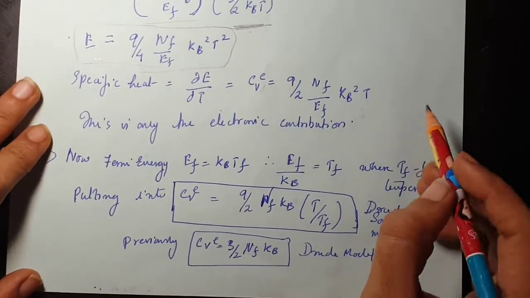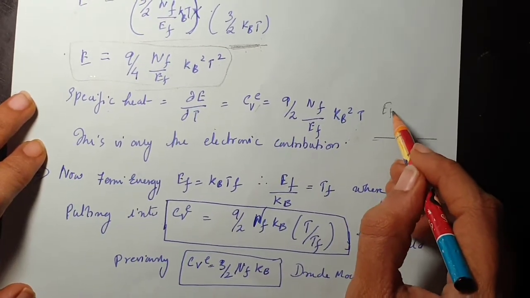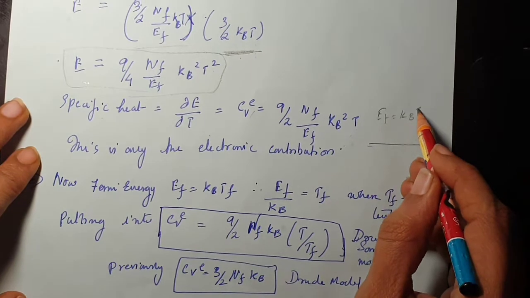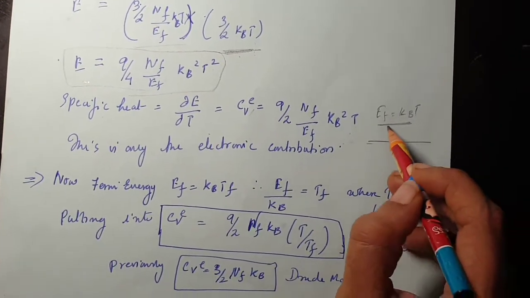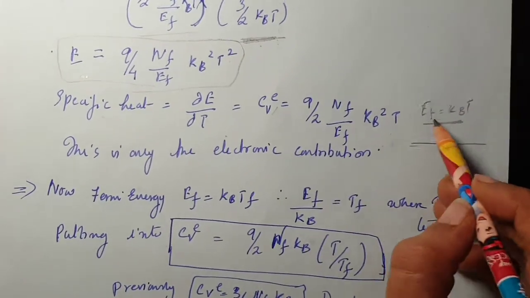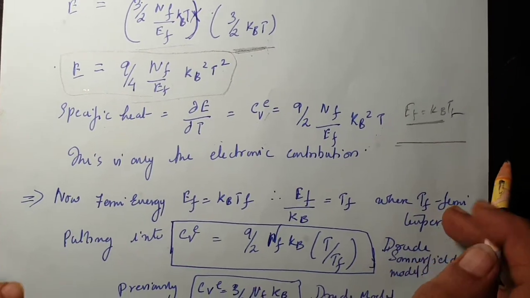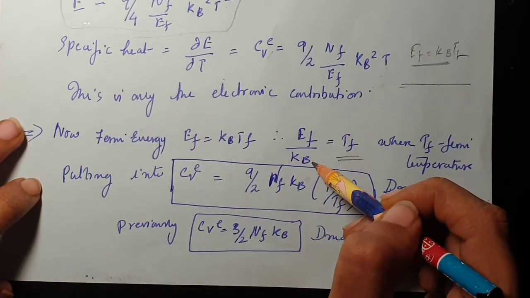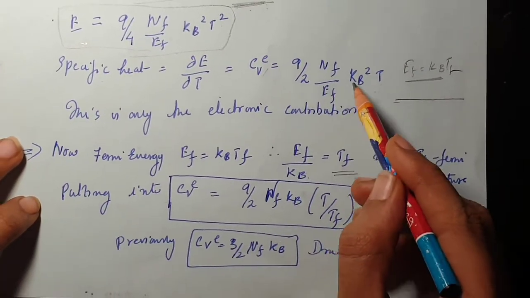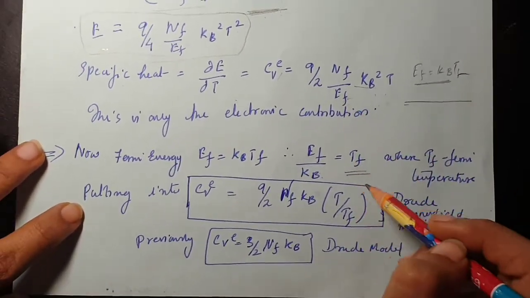Now another thing is that if there is an energy level, it can be related to temperature by the relation kBT. So at Fermi energy, EF is equal to kBTF. So this Fermi temperature TF can be written as EF by kB. So I can substitute kB by EF with 1 by TF here.